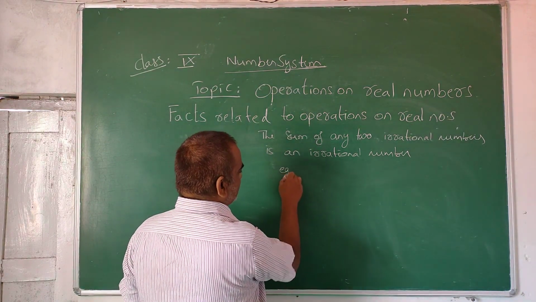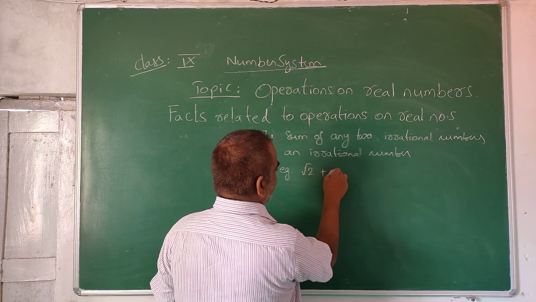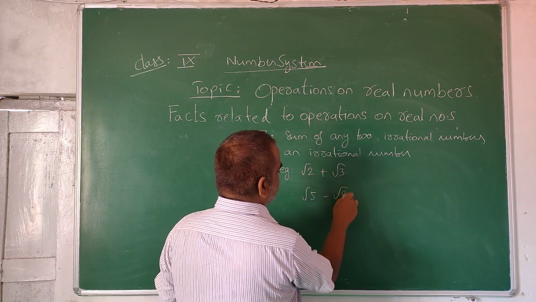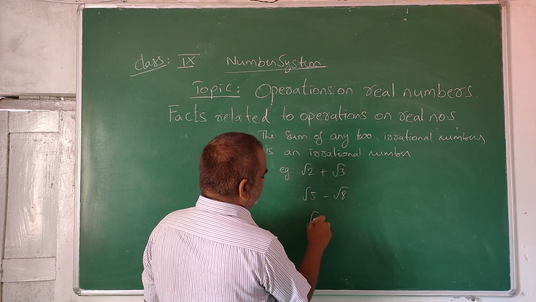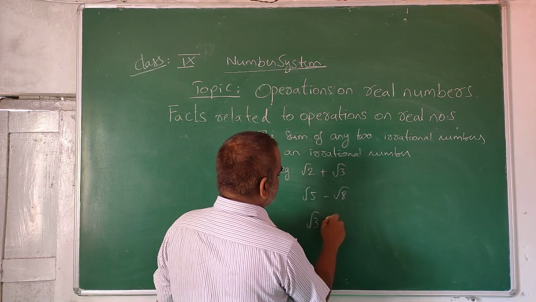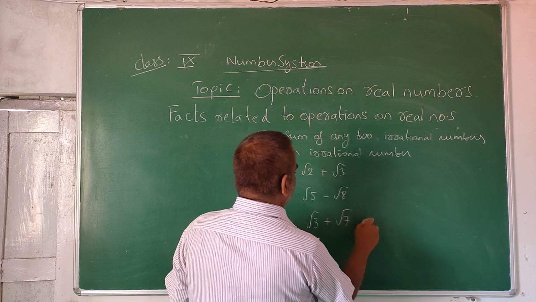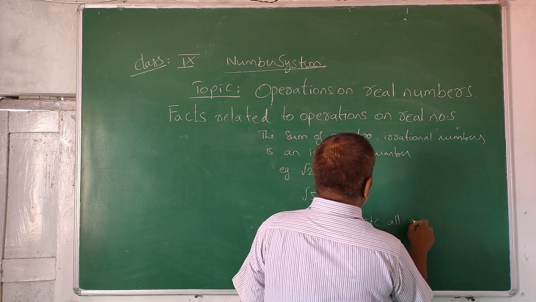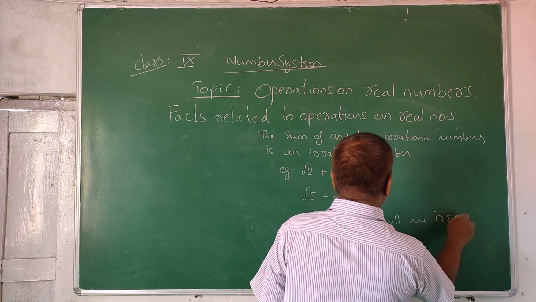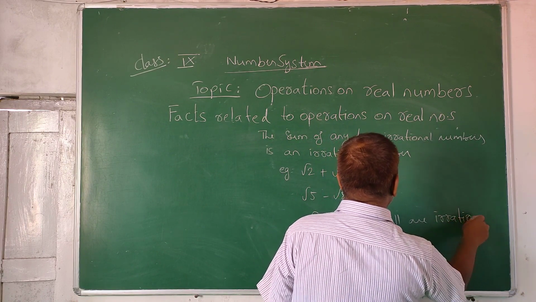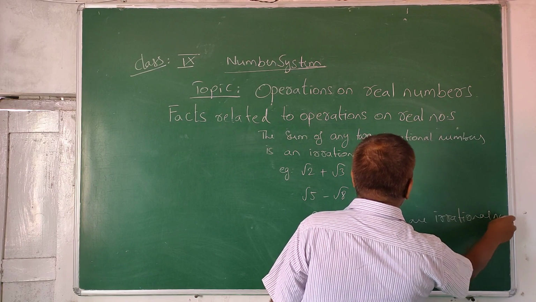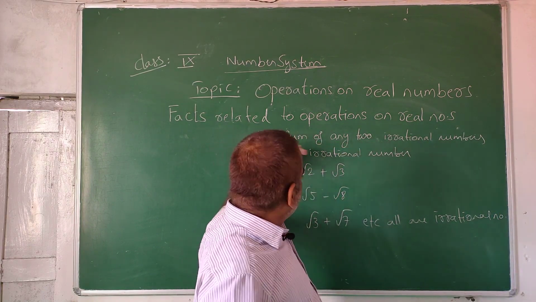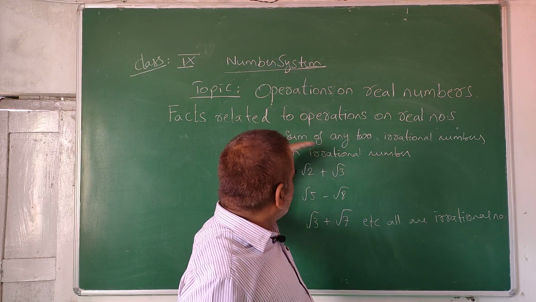Like for example, root 2 plus root 3, root 5 minus root 8, root 3 plus root 7, etc. All are irrational numbers. So the sum of any two irrational numbers is an irrational number.